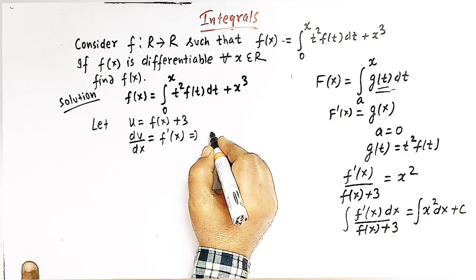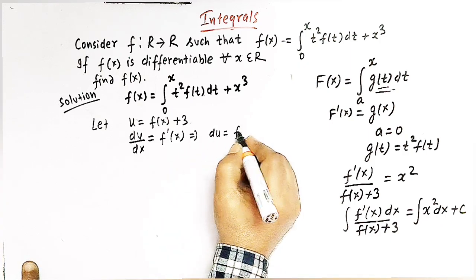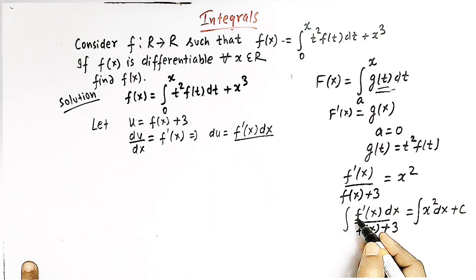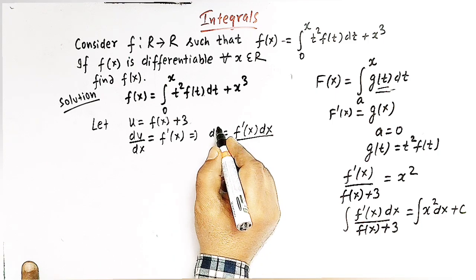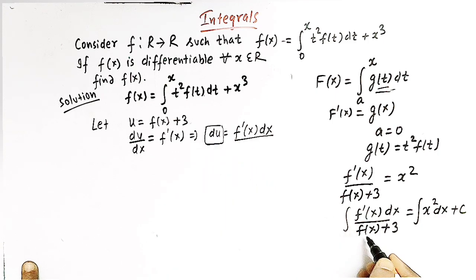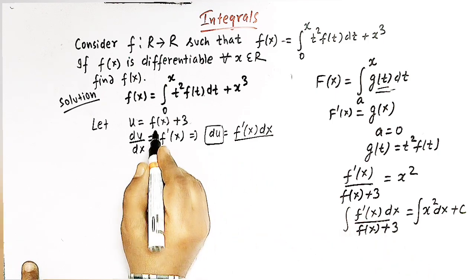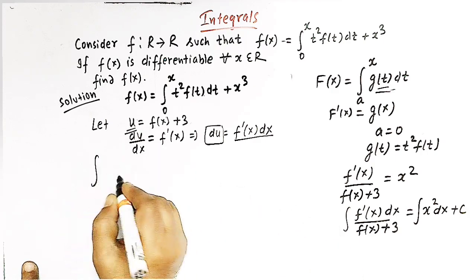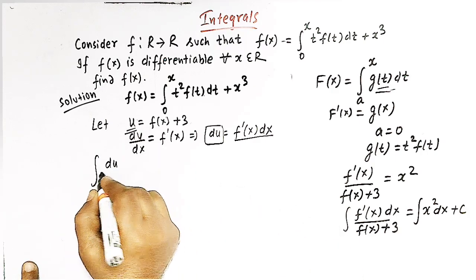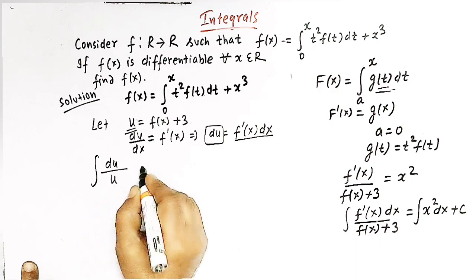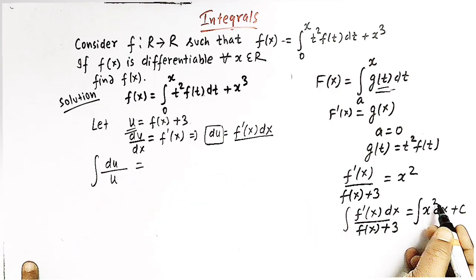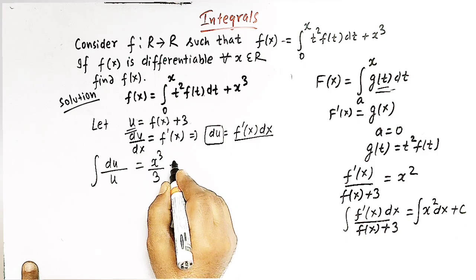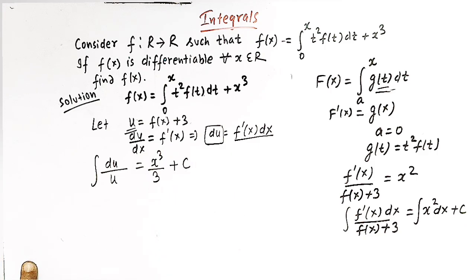So du is equal to f prime of x dx. Now for f prime of x dx we write du, and for f(x) plus 3 we write u. So we have the integral of du over u, and the integral of x squared is x cubed over 3, plus c, the constant of integration.